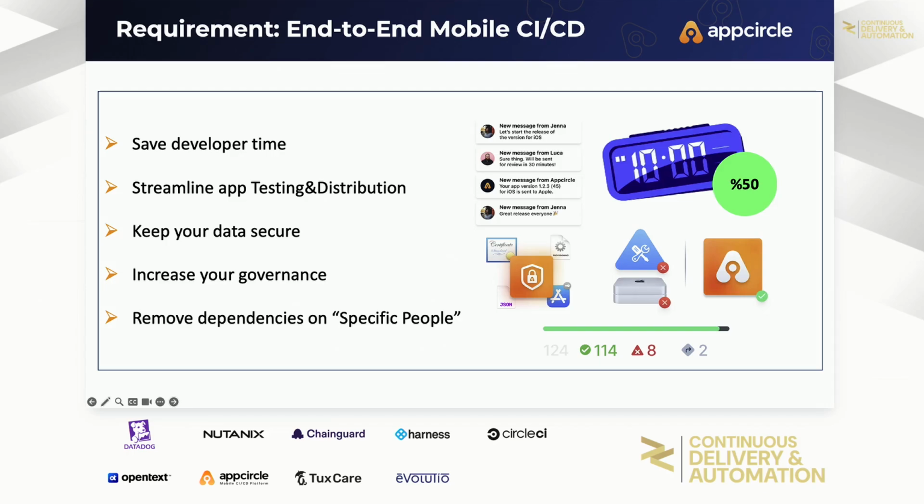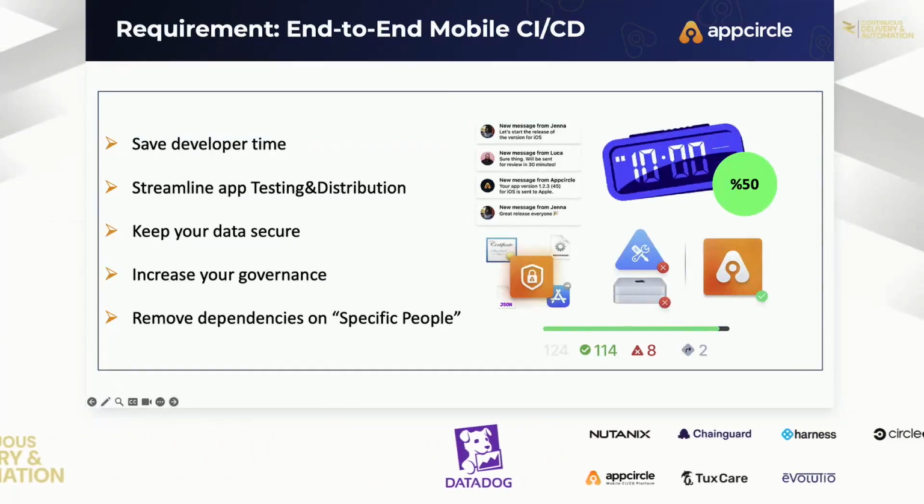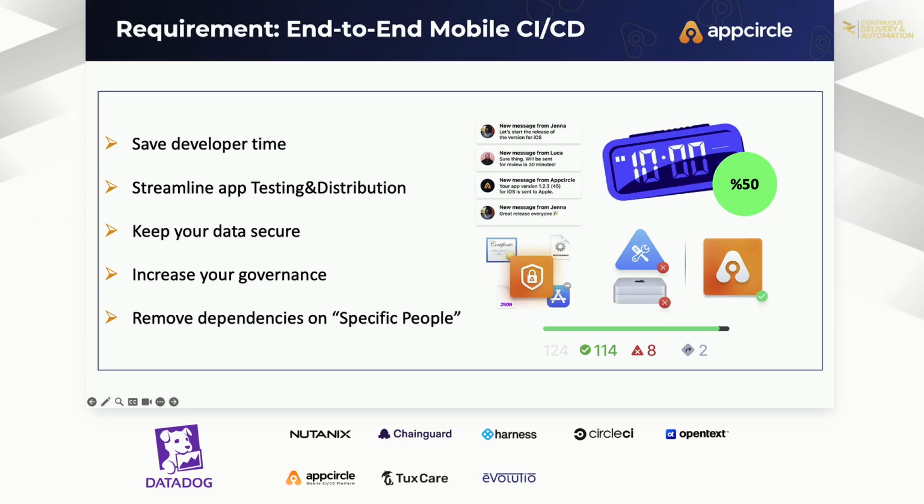Streamlining app testing and distribution is a requirement, as you will be willing to apply all CI/CD practices. Keeping your data secure, there is no need to say that. And increasing your governance, and obviously removing dependencies on specific people. I was exactly trying to say that most of the companies are relying on some specific people.